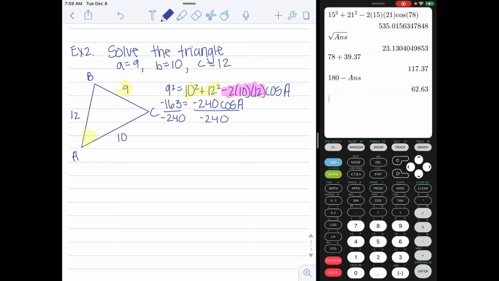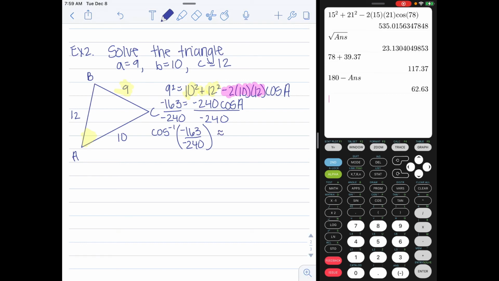And then I'm going to take the inverse cosine of both sides because I want to know an angle. And I'm going to plug that entire decimal in there so I don't cut it off, okay?